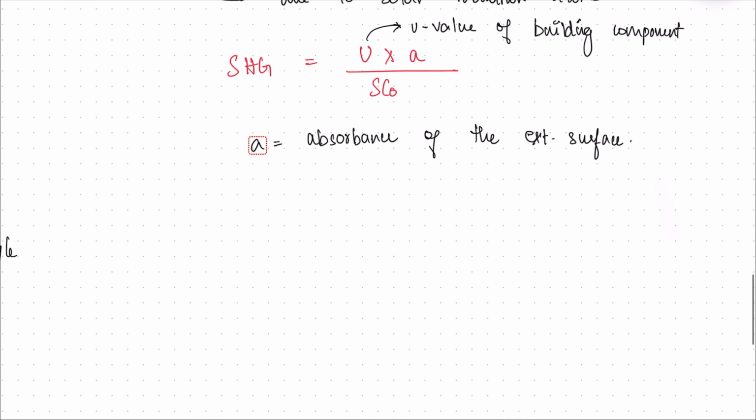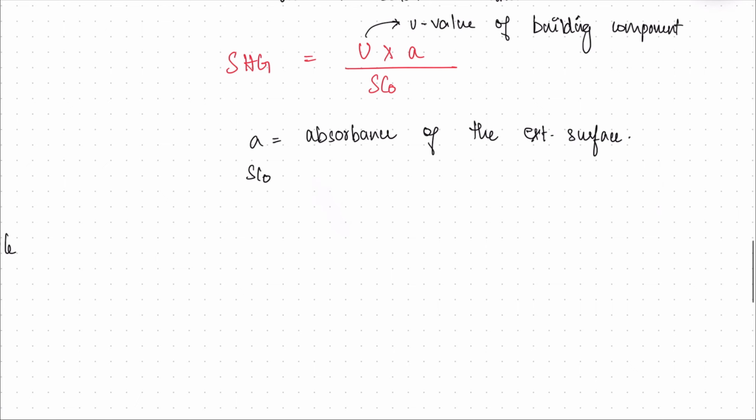SC naught is the surface conductance of the outer surface.